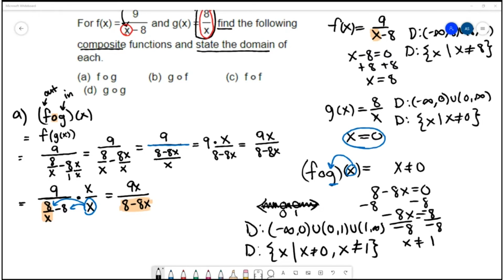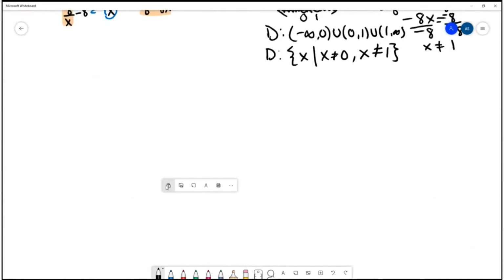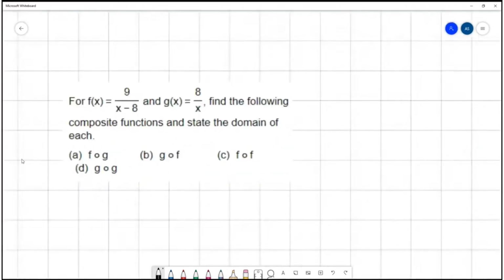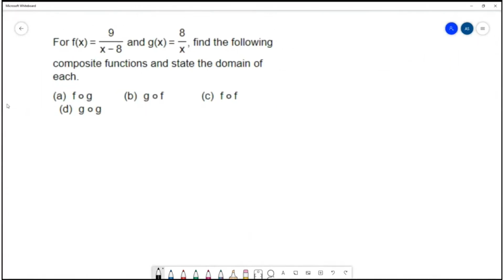Okay, let's continue by finding our other composite functions. This time we're going to find g composed with f.